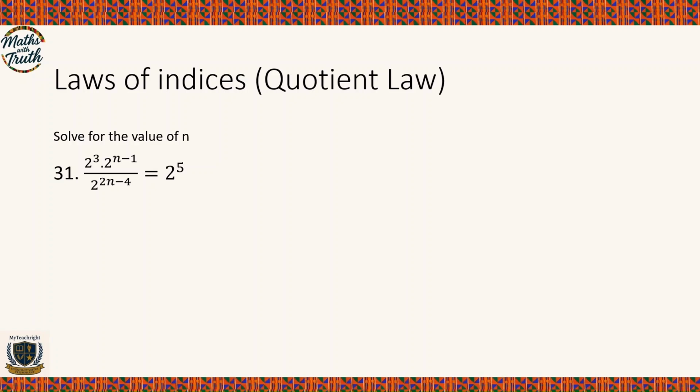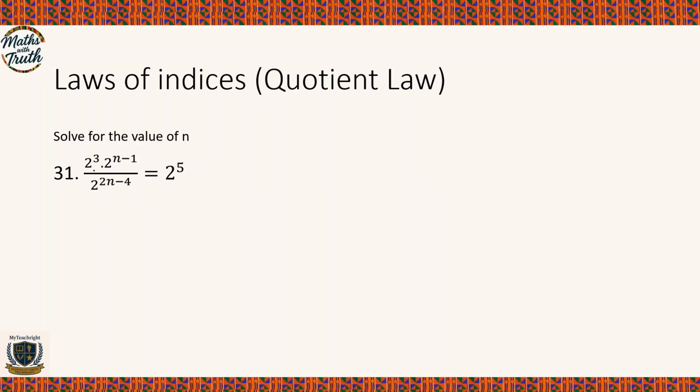So we are to find the value of n. Let's do some simplification here, since we can see that there are 2 expressions of the same base multiplying each other, meaning we can apply the product law of indices to simplify that. Okay, and so let's do that.